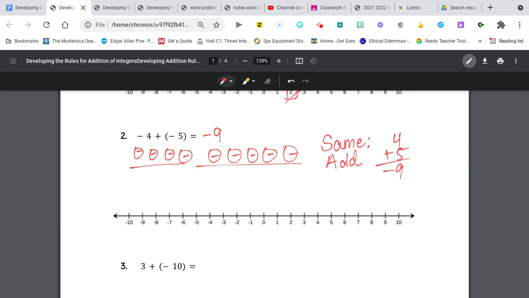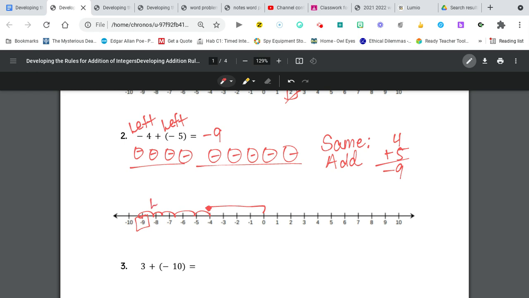If you use a number line to model this, negative 4 goes to the left. So you would start at 0 and go left 4 to get to negative 4. And then to add more negatives, you would go left again: 1, 2, 3, 4, 5. And it puts me at negative 9.